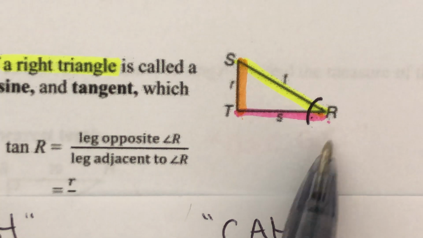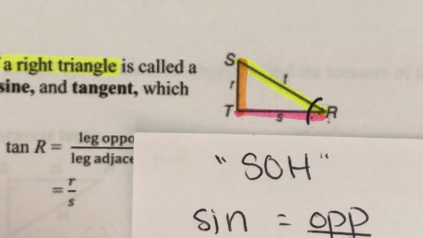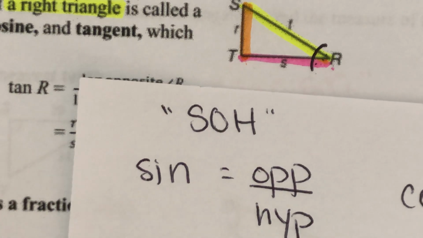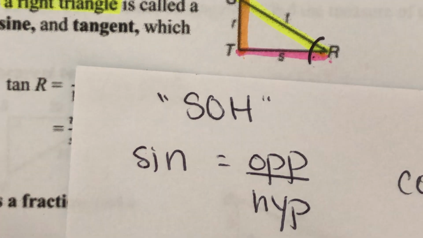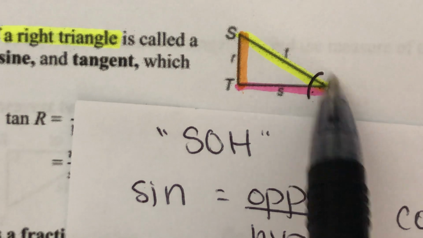Okay, so if I was going to write a ratio, the sine of angle R, sine is opposite over hypotenuse. So I would write R over T. Here's angle R. I'm looking for this measure.